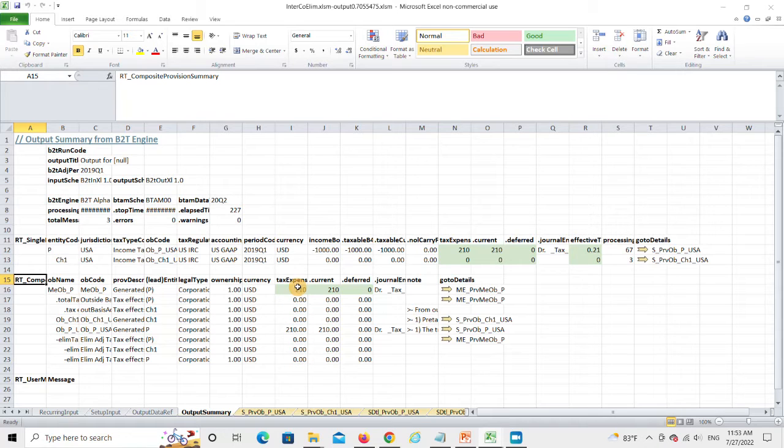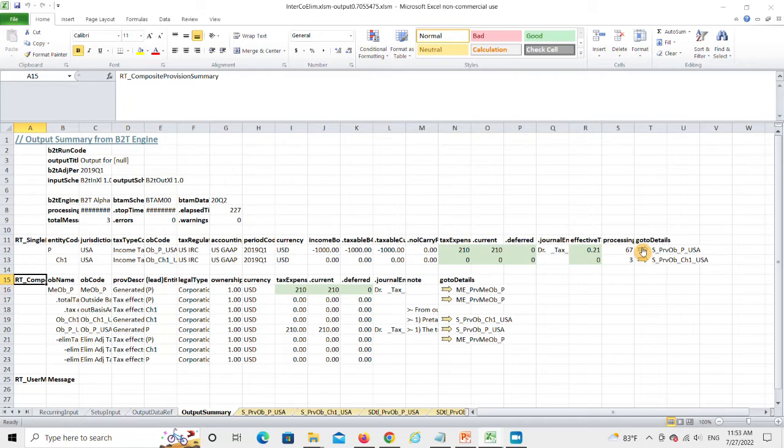And we know that as a group, there is really no income because the income was eliminated. However, there is still a 210 total tax on the group. So why is that? Apparently the engine says these two numbers added together is your tax expense for the group, even though there is no income for the group.